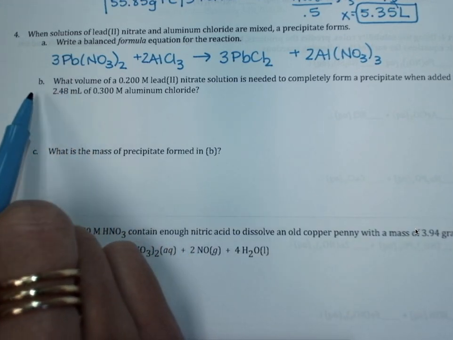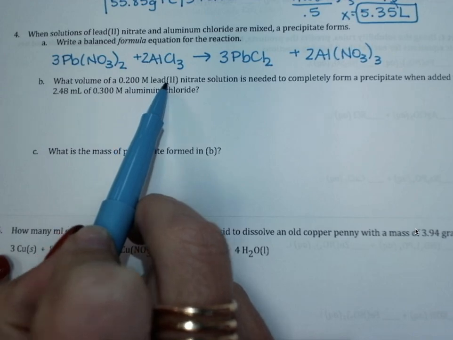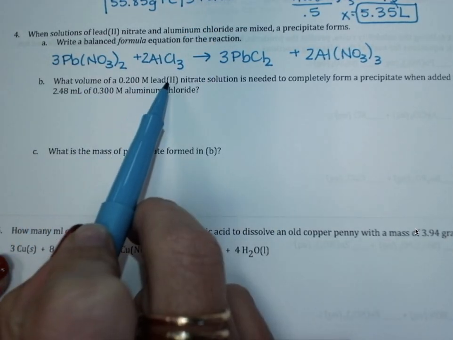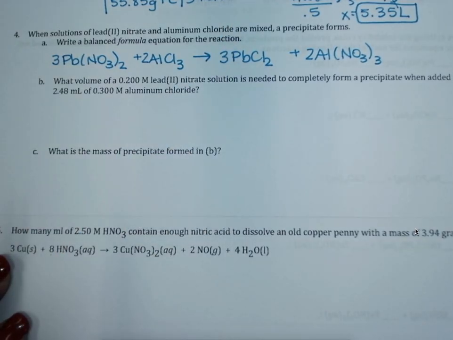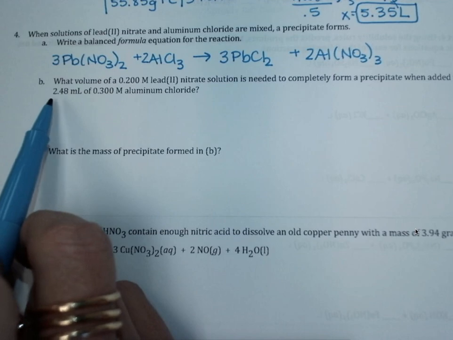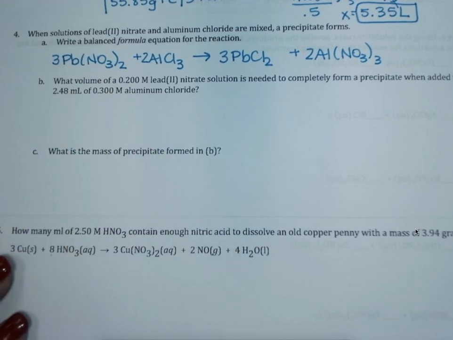Then B asks, what volume of a 0.2 molar lead 2 nitrate solution, so that's like finding the volume that we did in number 3, is needed to form a precipitate when added to 2.48 milliliters of a 0.3 molar aluminum chloride solution.